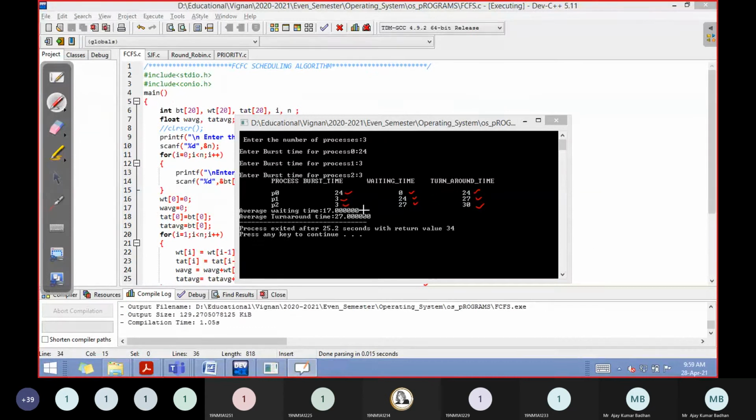Now the average waiting time we got here is 17. So let's see how much time it has actually taken for your process. Even when you are executing a program, I told you that a program under execution is what we call a process. If you don't remember and ask what the proof for that is, you can see the proof here. It is written here: process exited after 25.2 seconds. Whatever program you have written, once you start compiling it, that program is converted into a process.